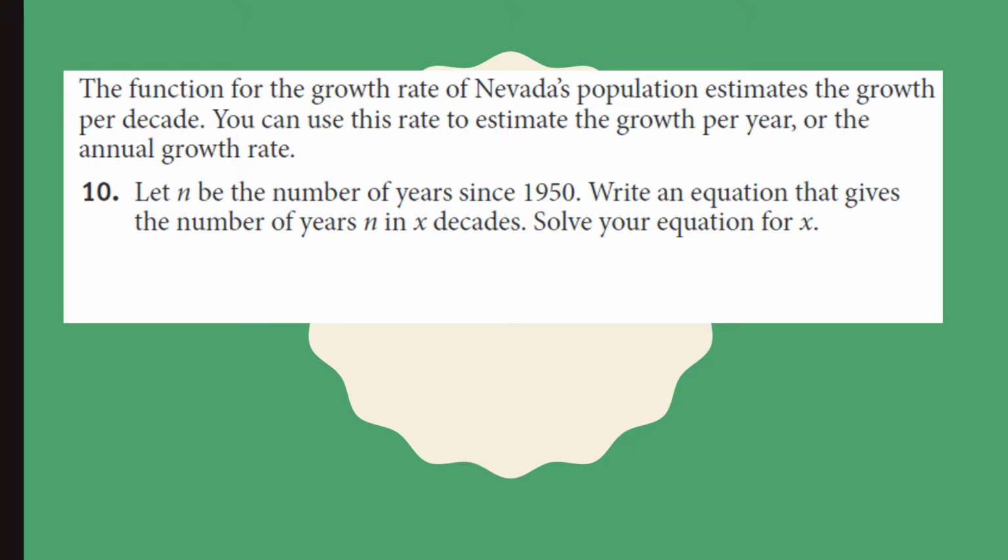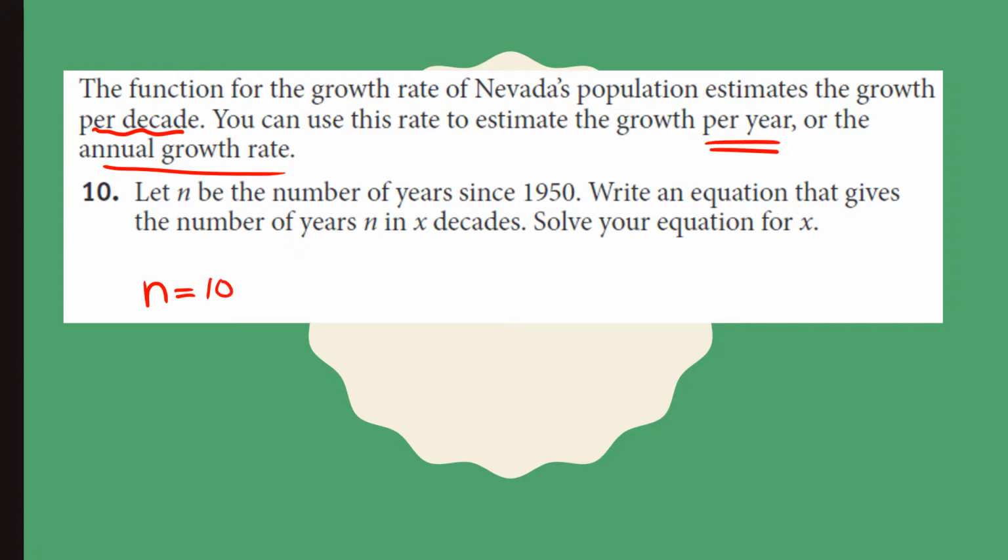So sometimes we want to take a growth rate that we have and look at it in terms of a different time frame. The function we have now estimates the growth per decade. We can use that rate, that 64.5%, to estimate the growth per year, or the annual growth rate. So what we need to do is let n be the number of years since 1950, and write an equation that gives the number of years in terms of decades.